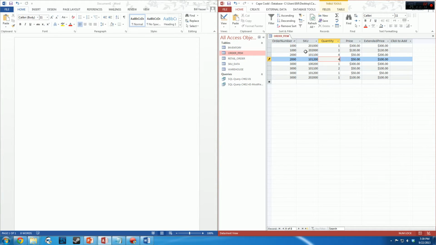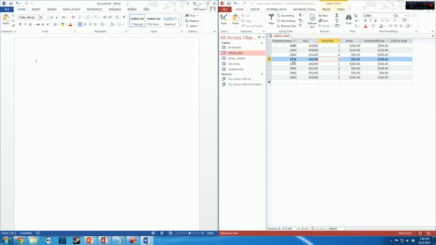And these were the only two orders, then we could assume that order number determines quantity if we ignore these order 3000 ones. But that doesn't make any sense. You can't tell a customer, well, your order is 3000, so that means you have to order 3 of everything. That doesn't make any business sense. So the functional dependencies that you find have to match the data, and they have to also make sense. So keep an eye out for that as well.